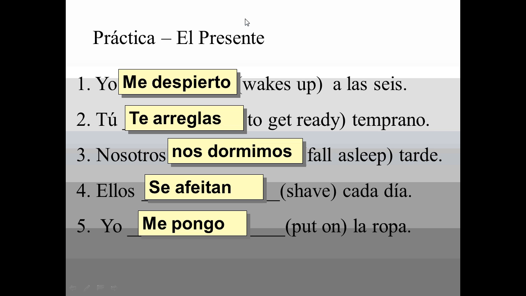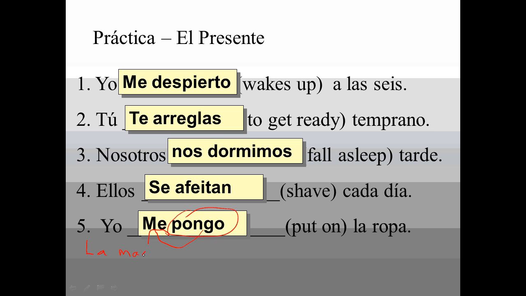So basically with these, the person that's doing the action is also receiving the action. I put on my clothes myself. Okay, nobody else is putting my clothes on. I'm putting my clothes on myself. If, for example, you wanted to say, it's a little boy, the mother puts the little boy's clothes on, that would not be reflexive.